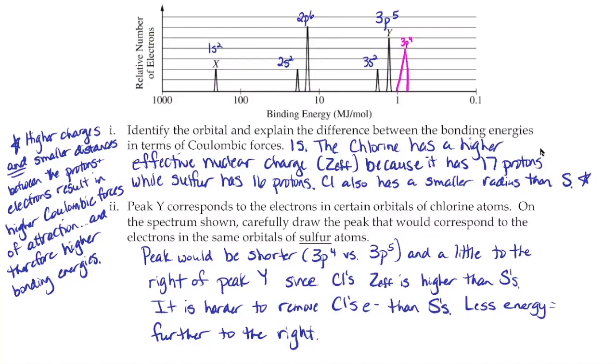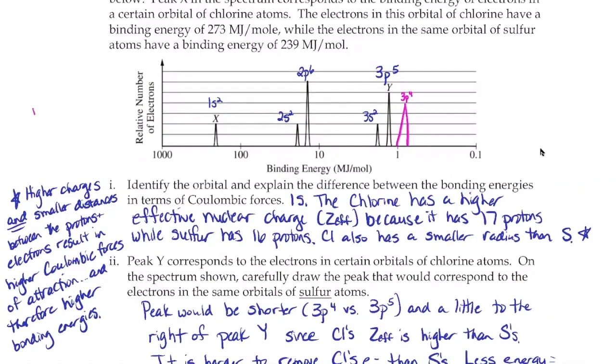So if you have a substance that has a higher effective nuclear charge, if you think about Coulomb's law in general, I'll write it over here so you guys can see this. It's KQQ over R squared. And so the Q and the Q are your charges. So if you have more protons, more electrons, then your F, forces of attraction, are going to be greater as well.